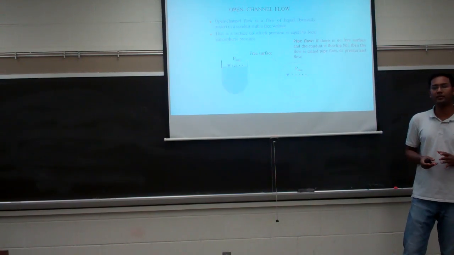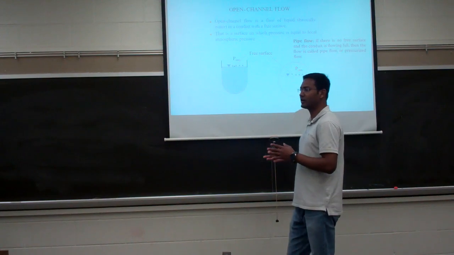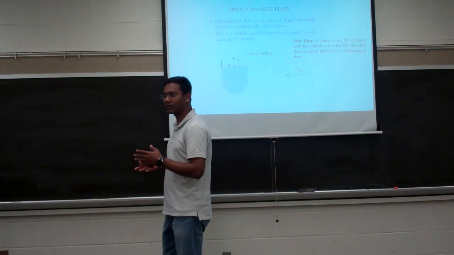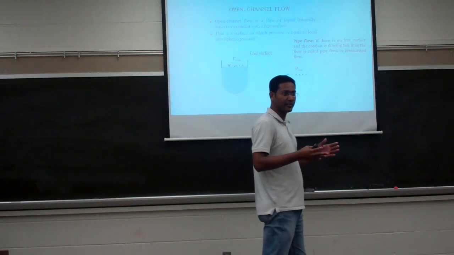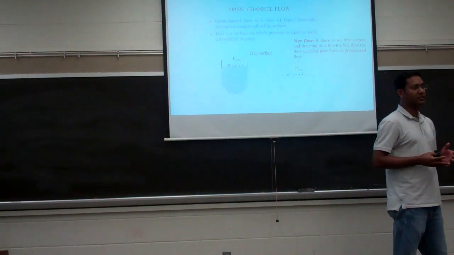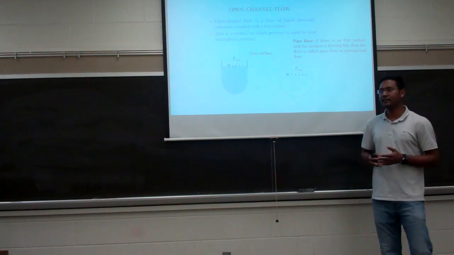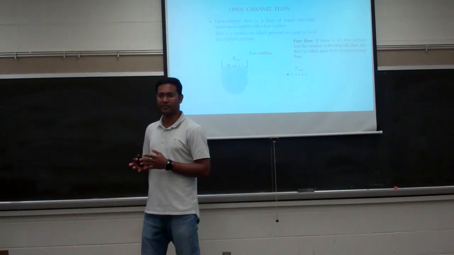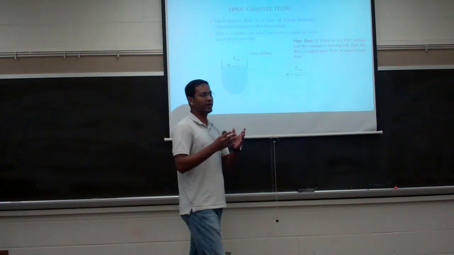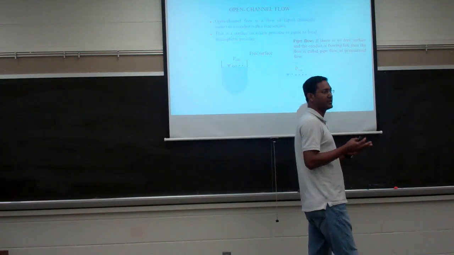So we know water is transported from one location to another by natural channel or artificial channel, or even we use pipe to transport water, right? So the cross section of these channels or pipes may be open at the top or it may be closed.